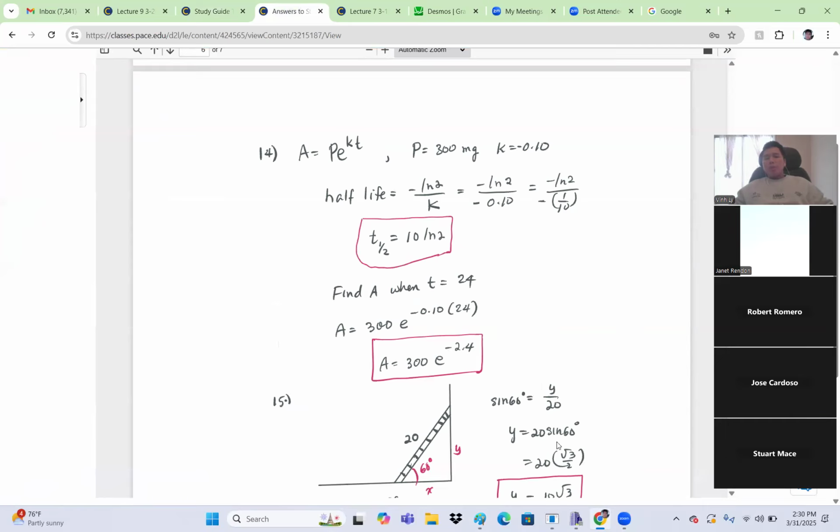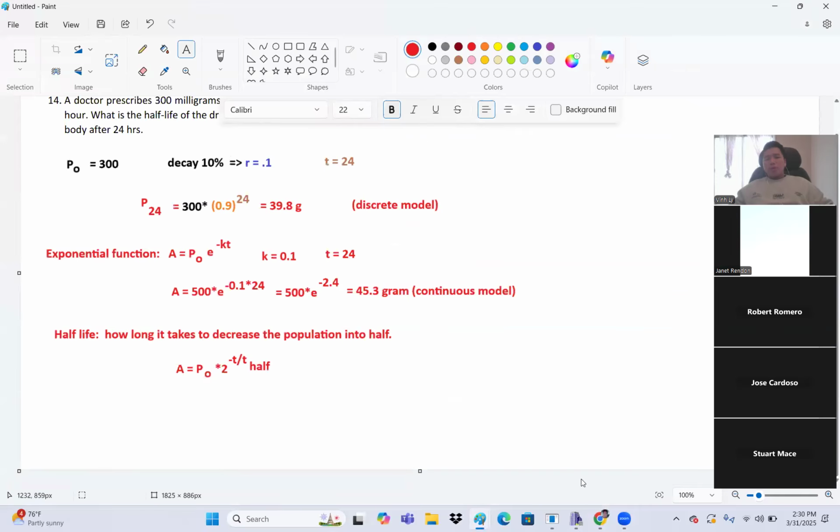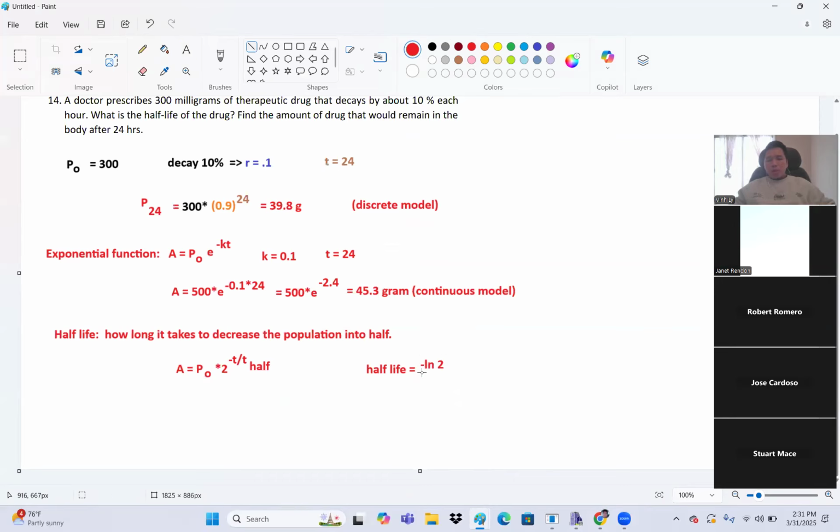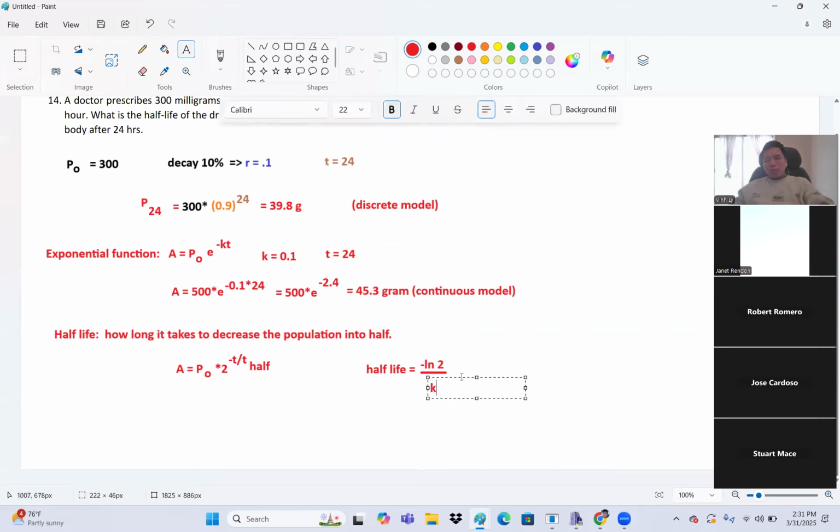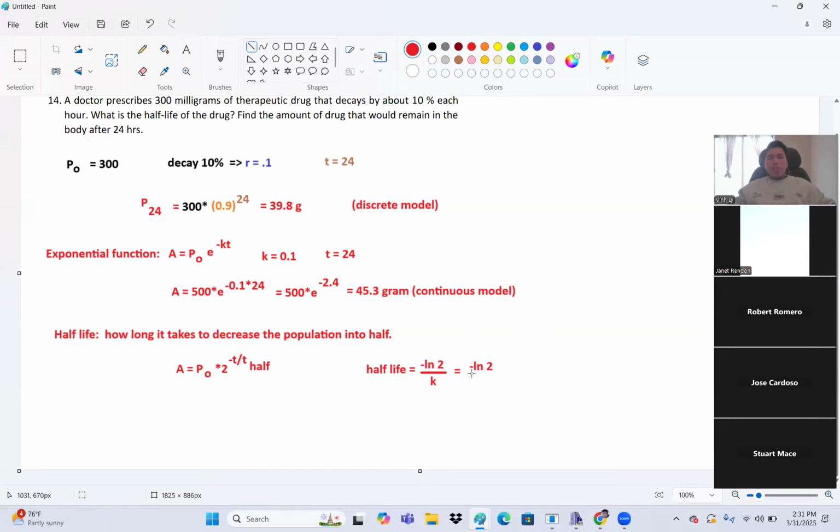Then we can figure it out relatively easily. So the half-life is going to be equal to negative ln2 over the constant, which is k. We plug that in. So we take negative ln2 over 0.1.